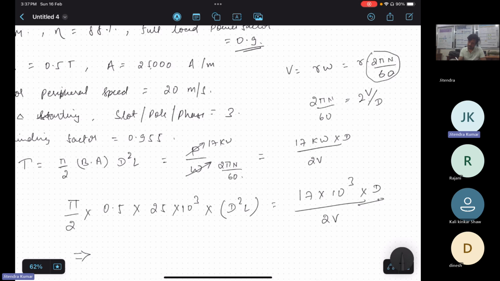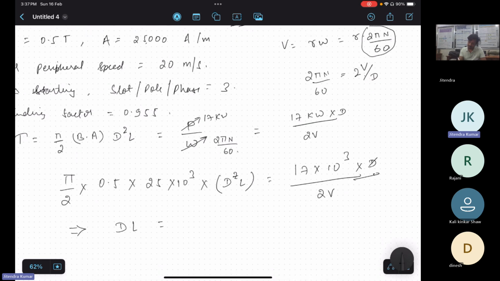Now here one D and this D will be cancelled out. So DL we can write in terms of this. 10 to the power 3 and 10 to the power 3 will be cancelled. It is nothing but 17 divided by 2V into 0.5 into 25 into pi by 2.